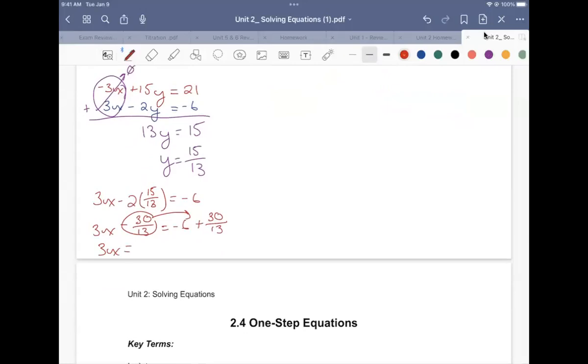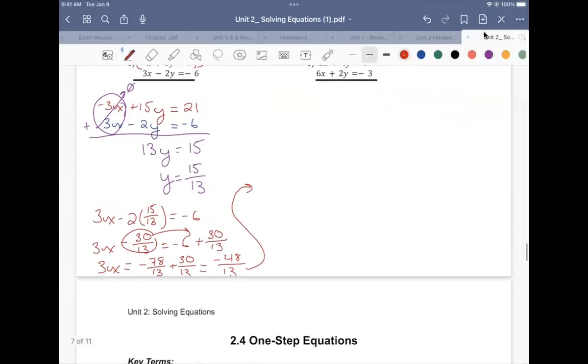So 3x is equal to negative 78 over 13 plus 30 over 13. Negative 78 plus 30 is negative 48 over 13. We're just going to move this up here so I can finish it off. So that means 3x is equal to negative 48 over 13.